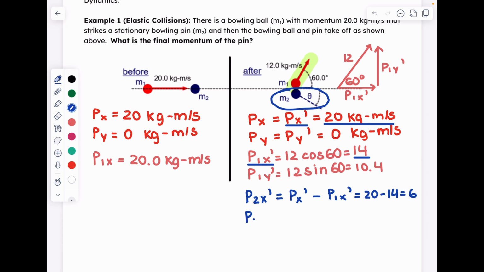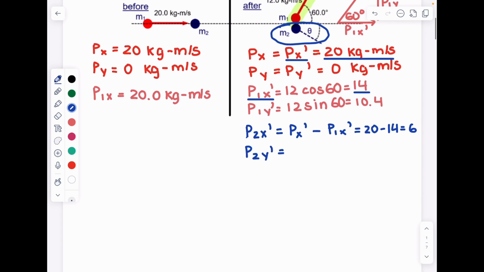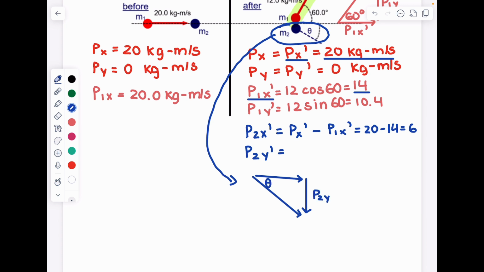And then the same thing goes for the y direction. So to figure out the y direction, we're creating the components of turning this vector going downward into its own triangle here. So this is P2y, theta, P2x, theta. So we're really figuring out 2 out of the 3 legs of the bowling pin's momentum after.